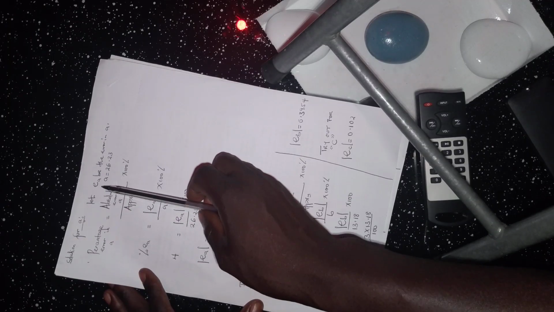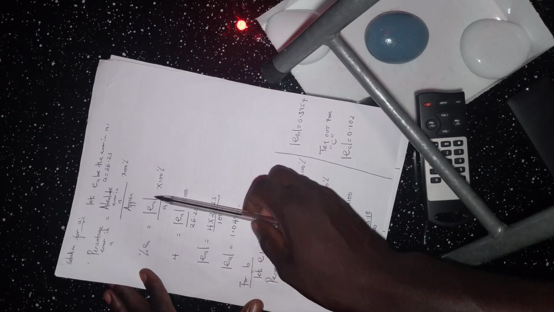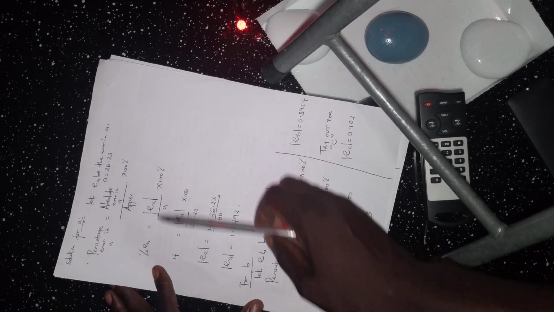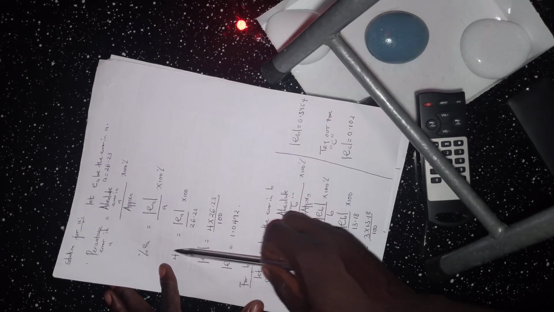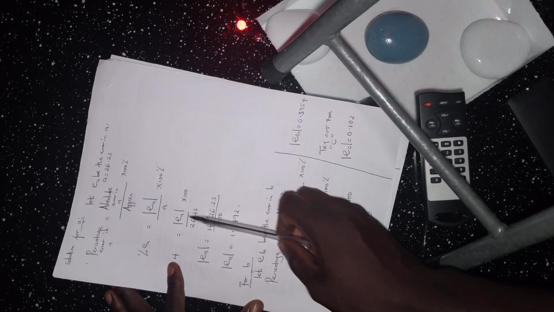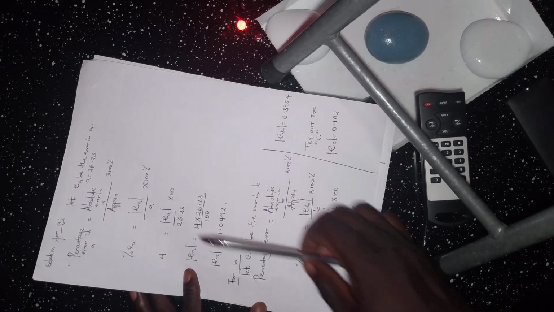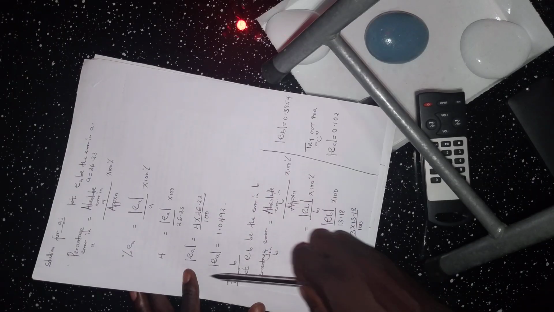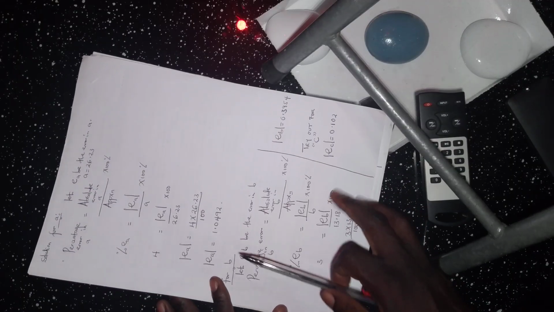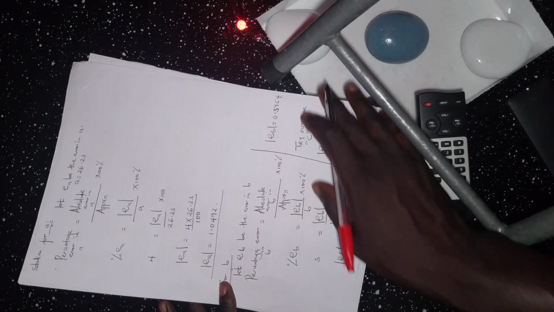Remember, we have supposed our error to be EA. So percentage error in A is absolute error in A over A times 100%. We are now replacing, where there is percentage error, we put a 4. So we are going to have 4 is equal to EA over 26.23 times 100. And when you make this the subject, we shall find that EA is 1.0492, and this becomes the absolute error in small a.